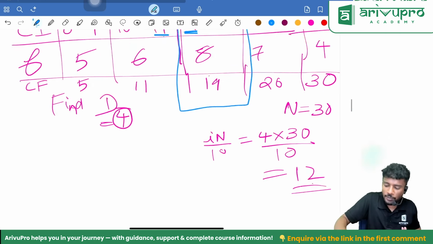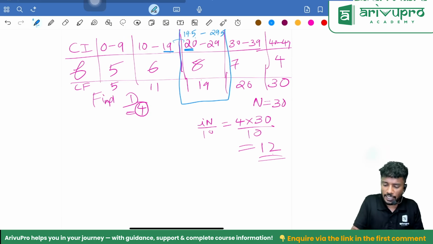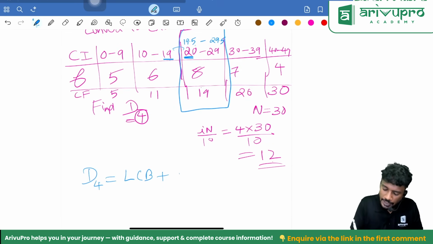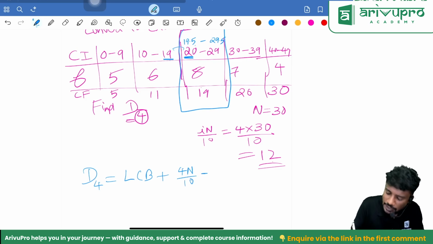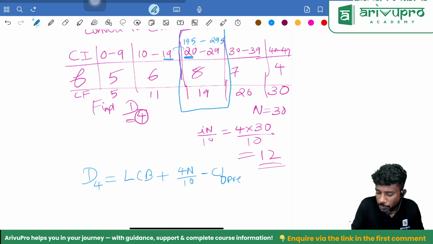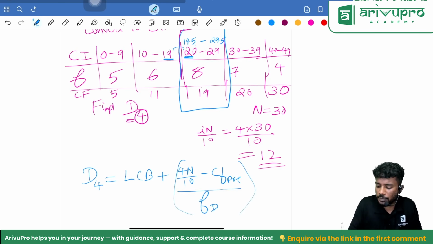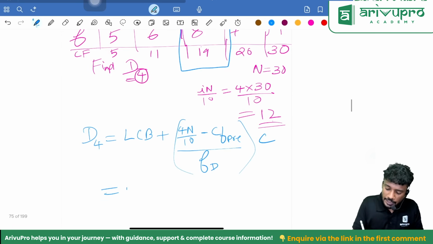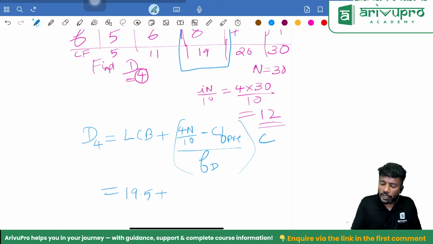Okay. Next one. So we have everything. Now decile formula D4 is what? The lower class boundary plus 4n by 10, sorry, not n by 4, 4n by 10 minus cumulative frequency of the previous class, divided by frequency of the decile class, multiplied by C. Now lower class boundary is how much? 19.5 plus 4n by 10 is how much? 12 minus cumulative frequency of previous is how much? 11.